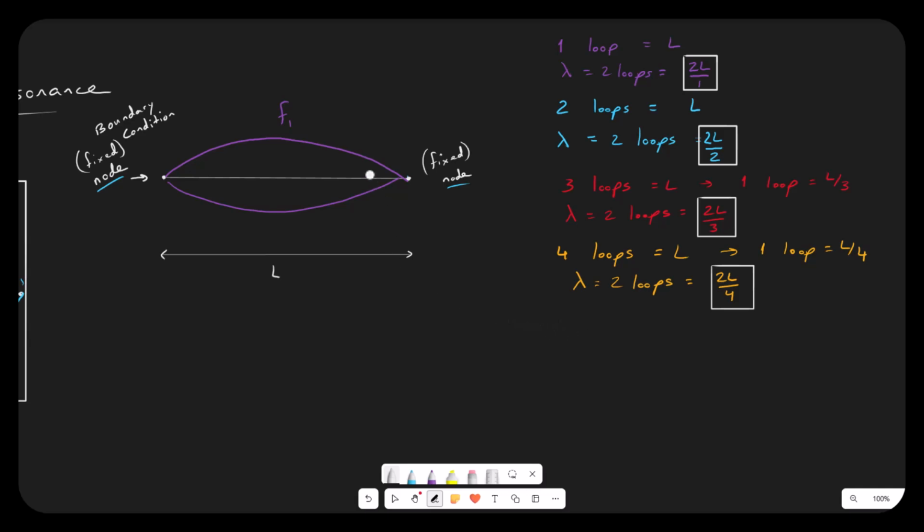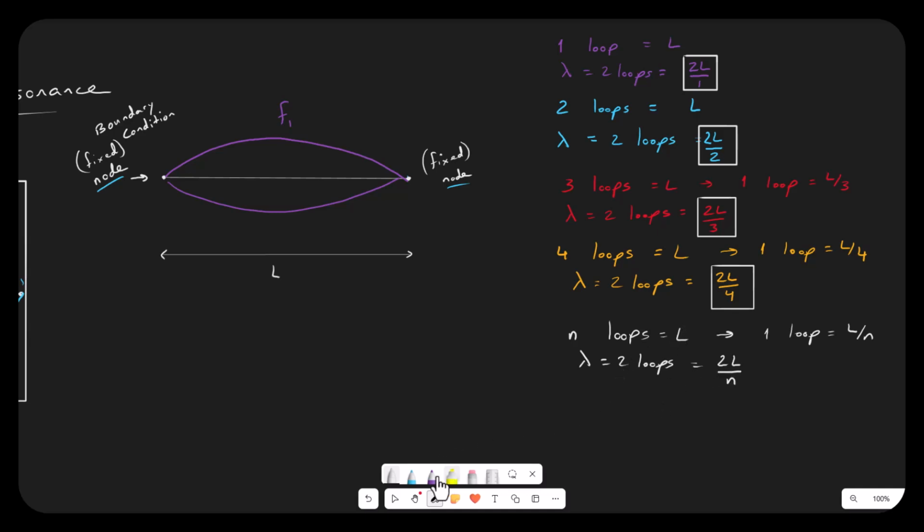So if I want to look at some later one, if I want to look at n loops, I would have 1 loop equals L divided by n. So maybe I'm looking at like 17. If I've got 17 loops equals L, 1 loop is 1/17 of L. My wavelength, which is 2 loops, would be 2L over n.